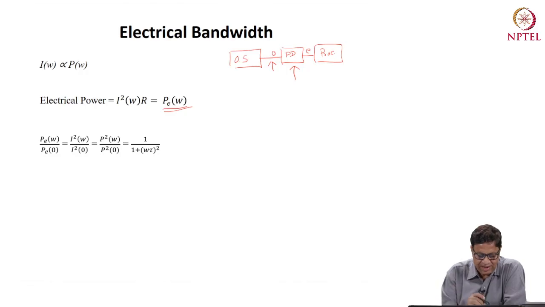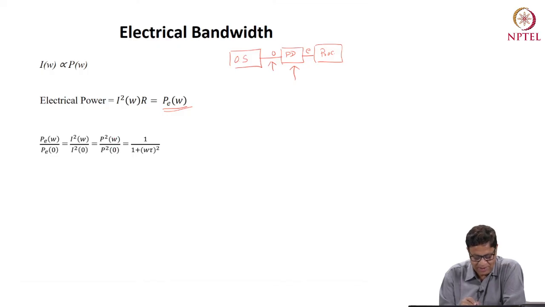If I take the ratio of PE(omega) divided by PE(0), that is electrical power at omega and electrical power at 0, this will be a ratio of I squared(omega) by I squared(0). This can be related to optical power, P squared(omega) by P squared(0).